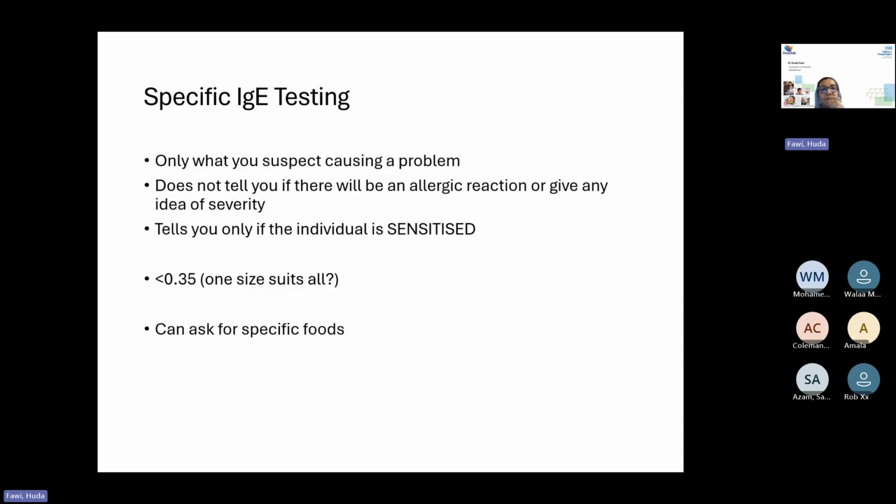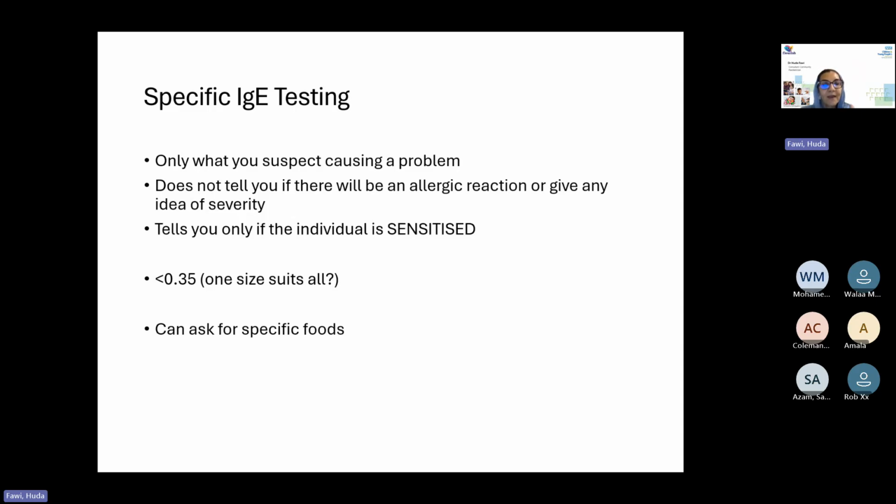The specific IgEs on WebEyes, I think they used to be apparent for us, so we used to be able to put in aeroallergens. I think now this has been hidden on WebEyes.